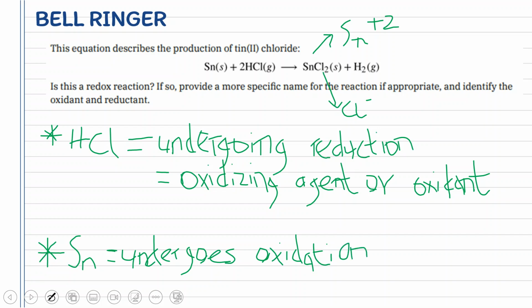So tin undergoes oxidation, which means tin is also the reducing agent, or reductant. I hope you're following. We're just refreshing our mind on what we learned the last time.